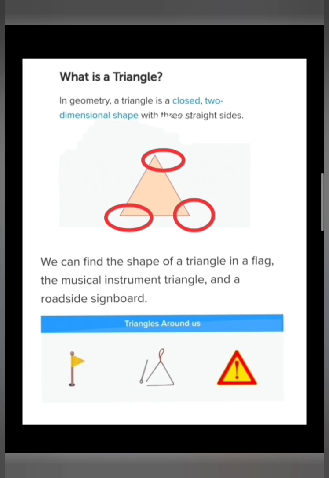We can find the shape of a triangle in a flag, any musical instrument that looks like a triangle, and a roadside signboard. You can also draw these in your rough copies if you want. Some examples of a triangle.